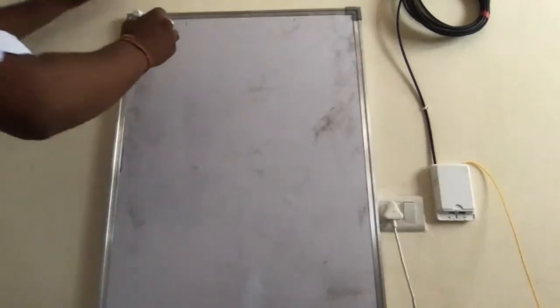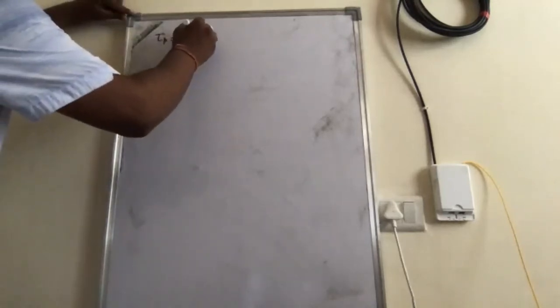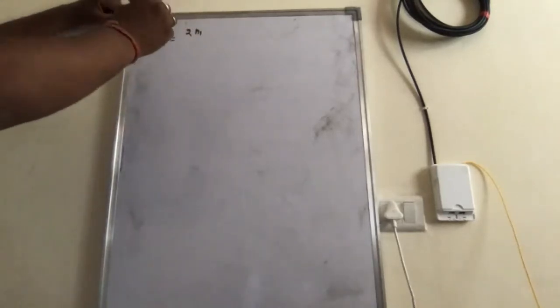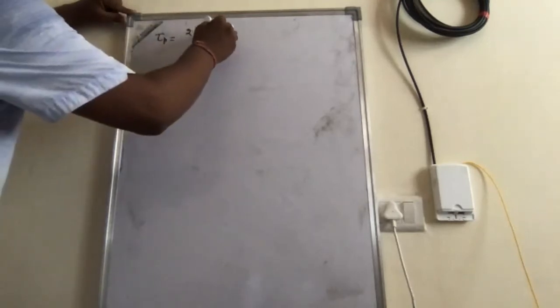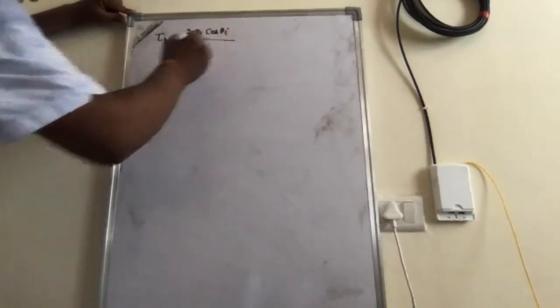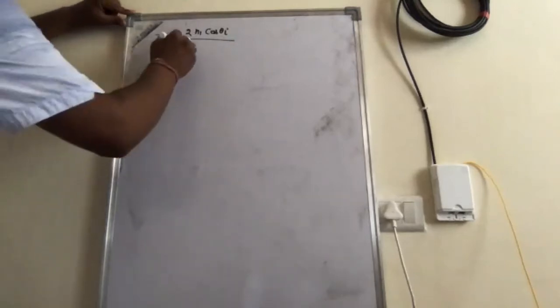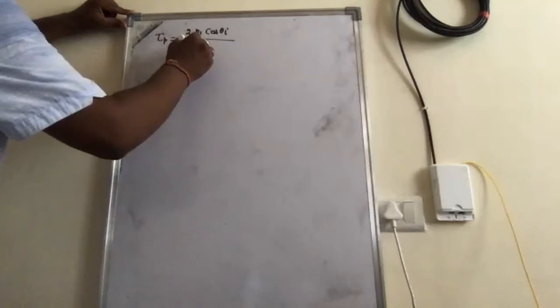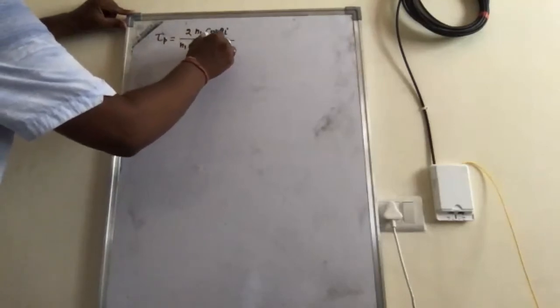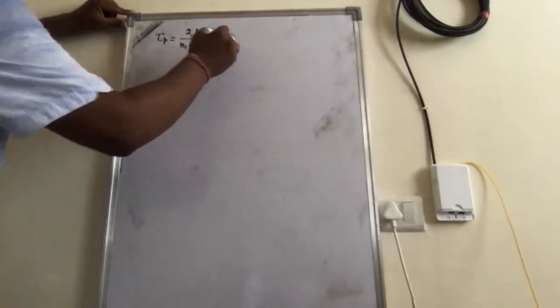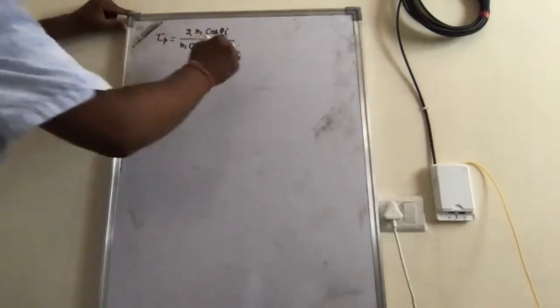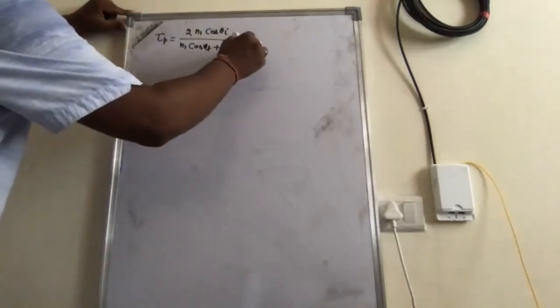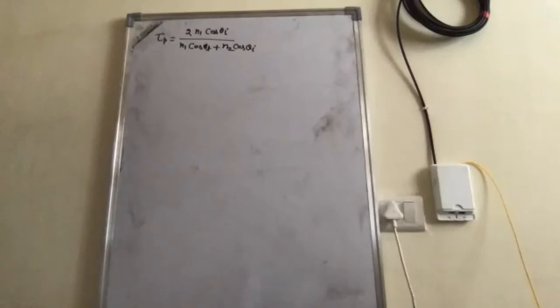So the transmission coefficient for the parallel light will be tau parallel is equal to 2 n1 cos theta I divided by n1 cos theta t plus n2 cos theta I. Now again we need to write this in terms of Snell's law.